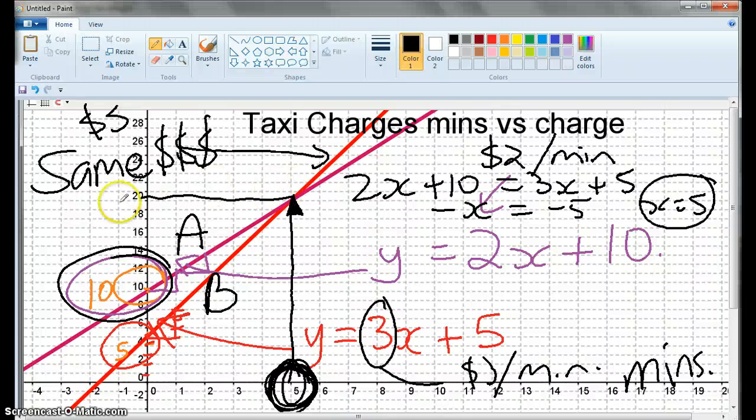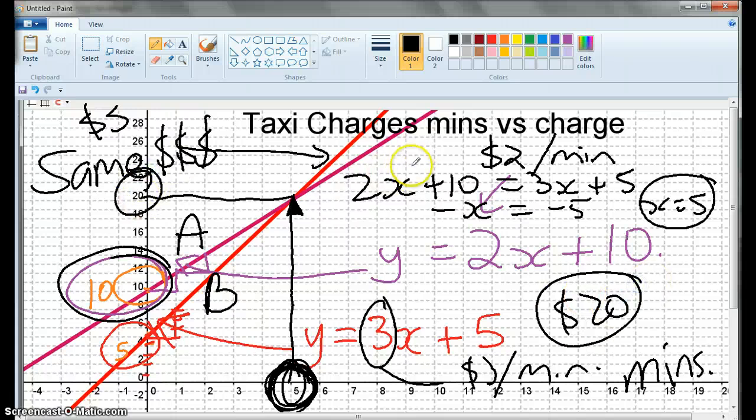And that amount would be 3 5s are 15 plus 5 is 20. Okay, there's our 20. And 2 times 5 is 10 plus 10 is 20. So both companies charge $20 for 5 minutes in the taxi.